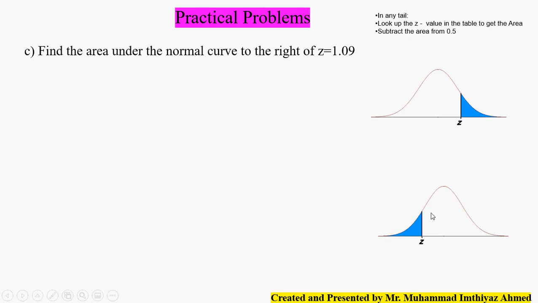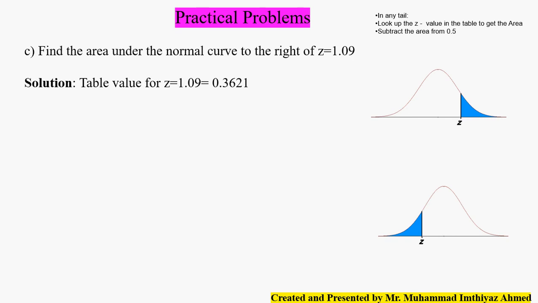As I'm showing, this is the area towards right and the second one is towards left. So students, you have to keep in mind, you need to subtract from 0.5 if the problem says normal curve to the right of z equal to 1.09 or whatever may be the value.